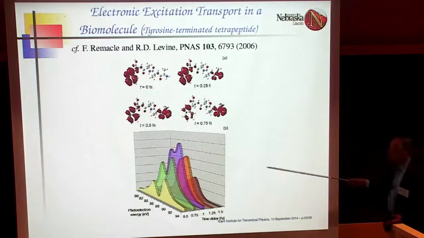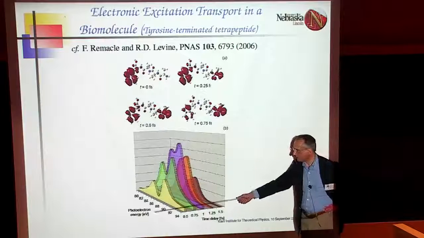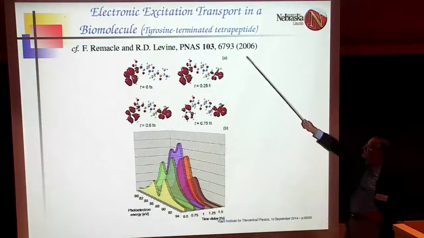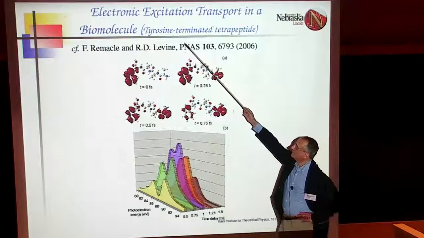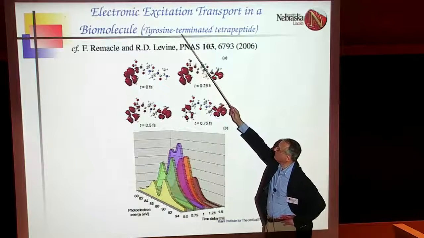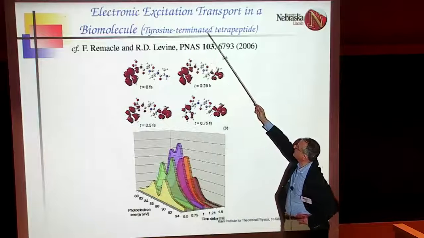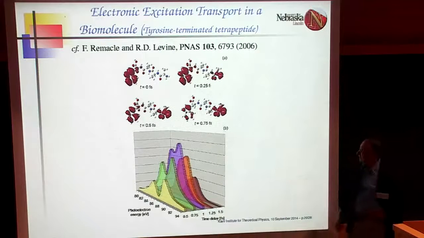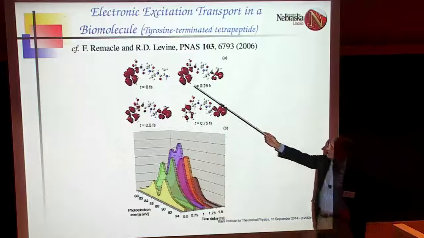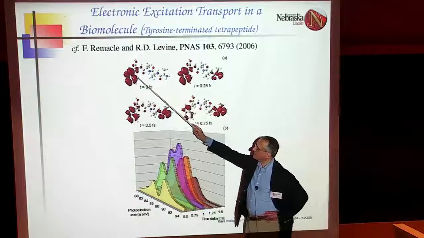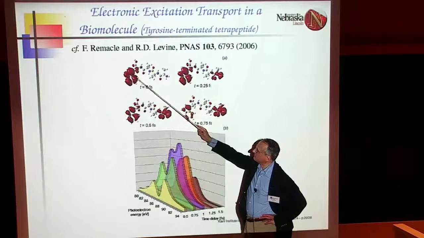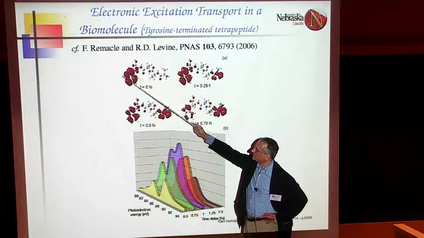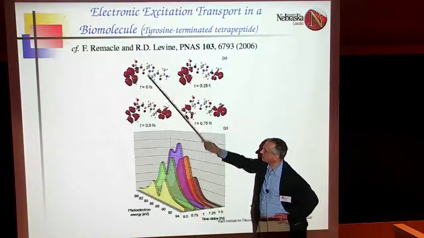This is a more detailed simulation for a huge biomolecule called tyrosine terminated tetrapeptide. What's happened here is an attosecond pulse has ionized an electron, creating an excited state at this end of this molecule.